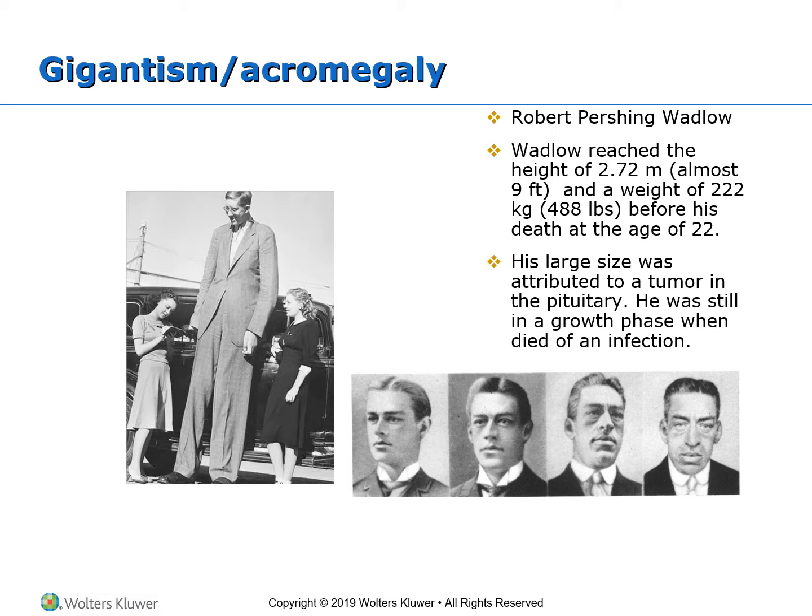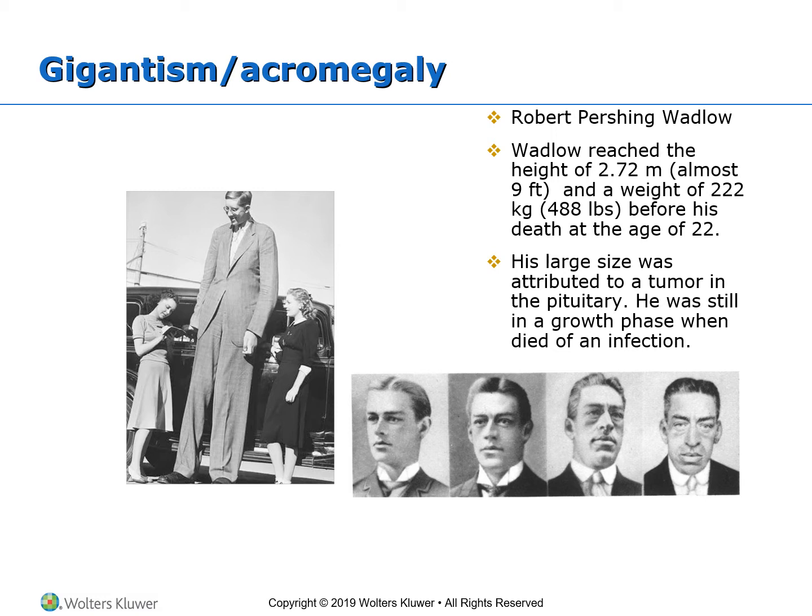So you see in this picture, this gentleman on the left side, his name is Robert Pershing Wadlow, and he existed. His height was 9 feet, that's about 2.7 meters, and a weight of 488 pounds.